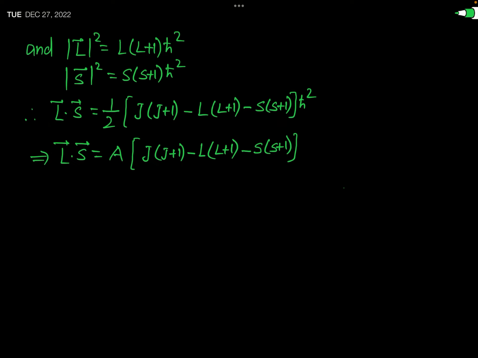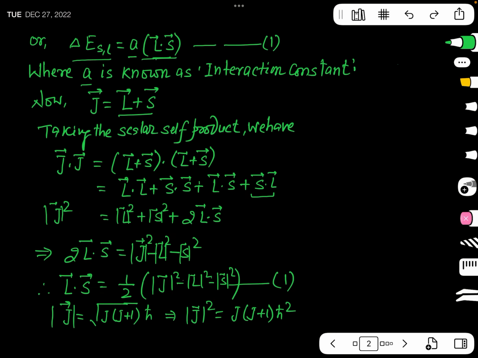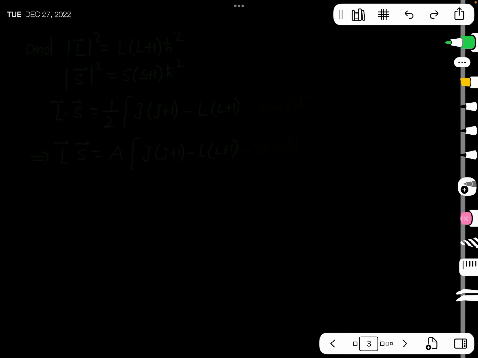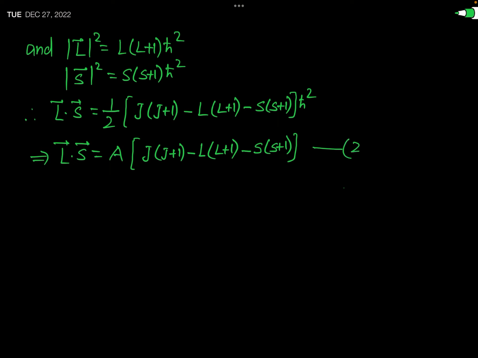Say this is equation number 2, where I have written this constant A instead of h bar square over 2. This is just a universal constant.